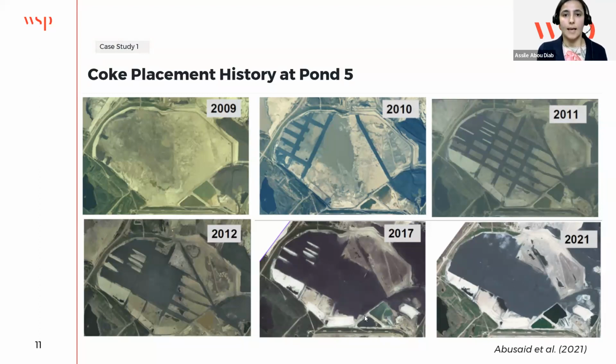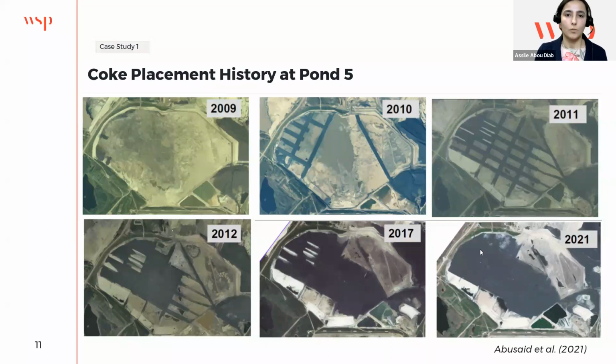This 2 meter coke formed a platform, and that platform was used to install vertical strip drains to accelerate the consolidation of the tailings below the cover. After that, the coke cover has been raised many times. In 2021, the coke cover was 4 meters thick.